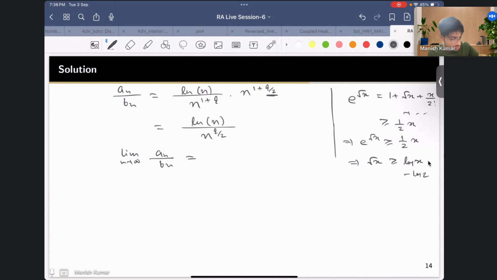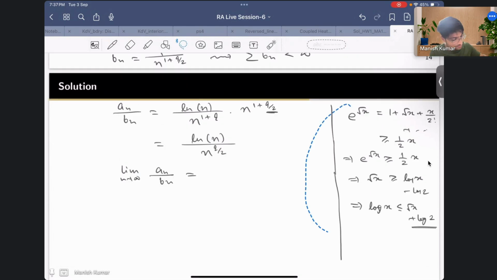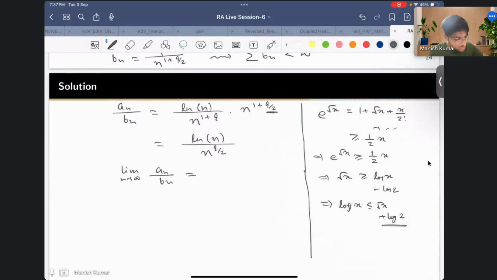So you can say log x is less than or equal to root x plus log 2. We don't care about this log 2. What I am trying to say, see from here, and then I will generalize this, is that log x is less than or equal to some x raised to the power half plus some constant, log 2 in this case.